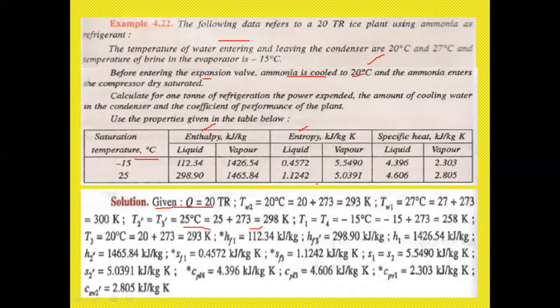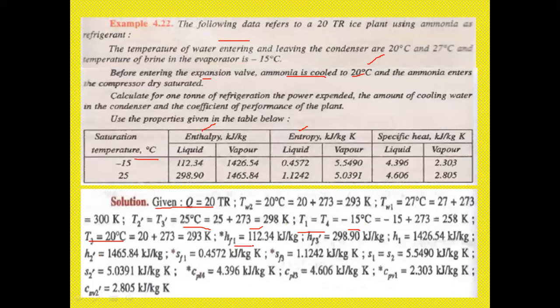T1 is equal to T4, that is equal to minus 15 degrees centigrade, that is the evaporator. T3 is equal to 20 degrees centigrade, that is 20 plus 273, 293.